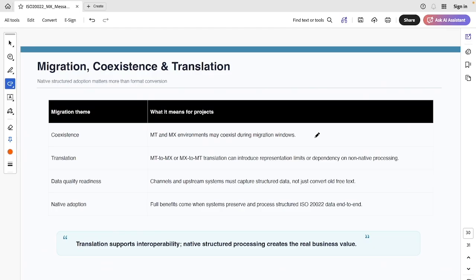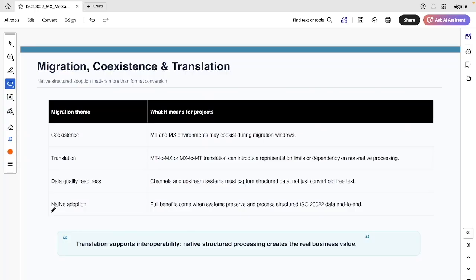Finally, let's discuss migration and coexistence for a bit, because format conversion alone is not the finish line. ISO 20022 migration is practical, yet not magical. During migration windows, MT and MX environments may coexist. Banks may need translation from MT to MX or MX to MT. Translation helps continuity, but it can introduce representation limits and dependencies on non-native processing.